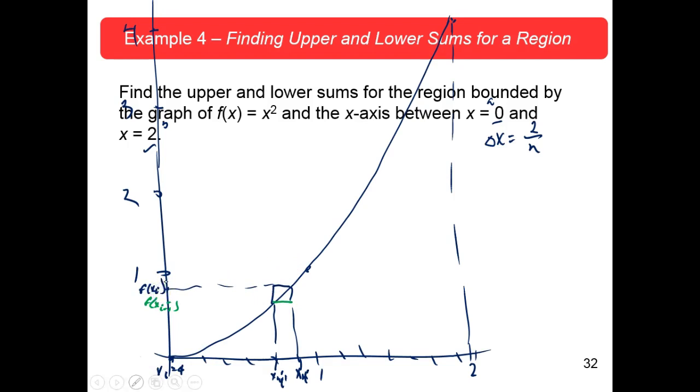Probably should have done the green all the way across. So that's the y value, the f of one of those endpoints. This will be the lower one, this will be the upper. This overestimates that one, this one underestimates that one.